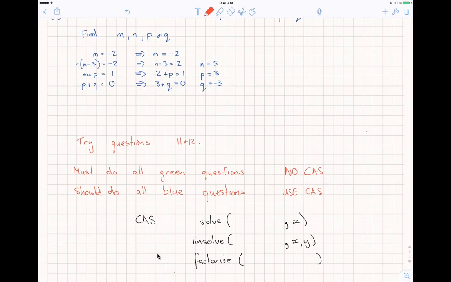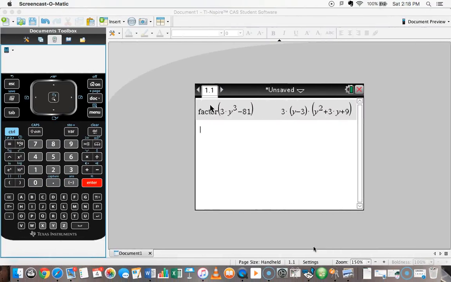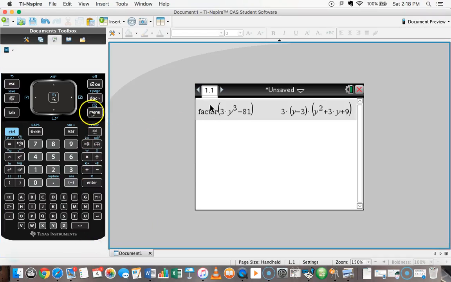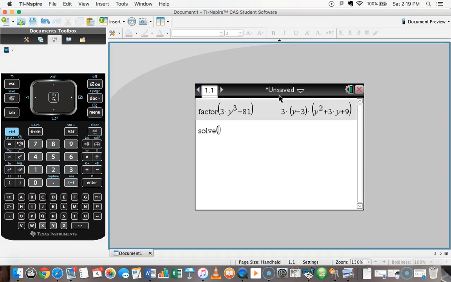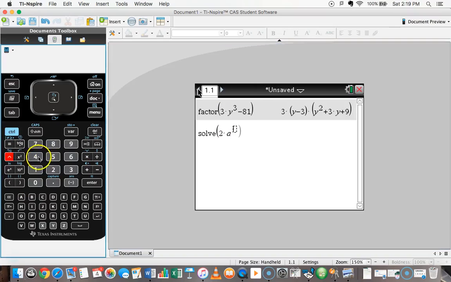I can't remember if there was any systems of equations to solve in here, but I'll go through some examples now. So remember, if you are asked to solve an equation, so if we do one of the ones that we did before, so for instance, you could go menu, algebra, solve, and we could type in the example that we did previously, which was 2 times a to the power of 4 minus 5 times, don't forget your times symbols in.